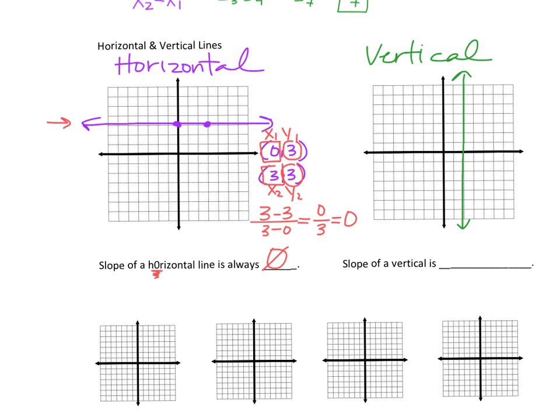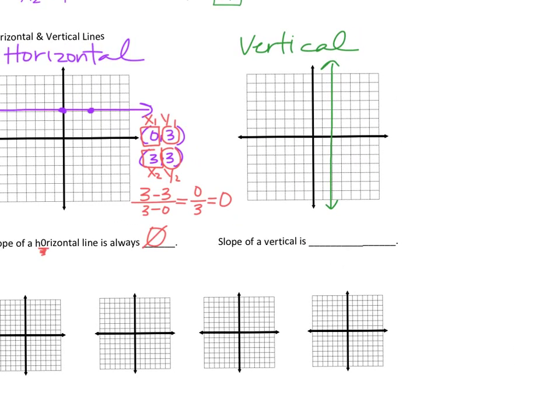If I pick 2 points here, like the point 2, 0 and the point 2, 2, when I plug that into the slope formula, it's going to be 2 minus 0, y2 minus y1, over 2 minus 2, x2 minus x1.